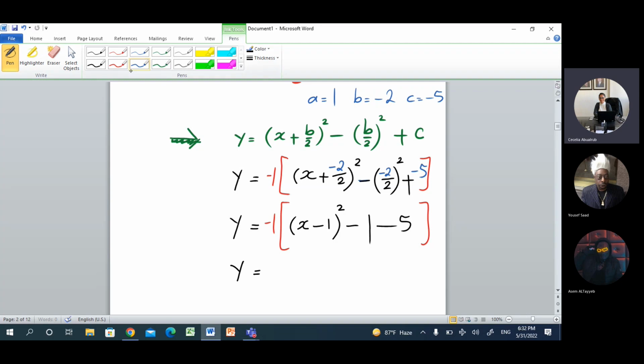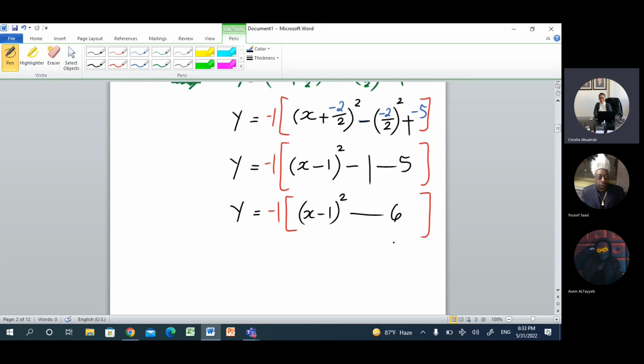y is equal to, don't forget the -1 out there. Open the squarish bracket. So here it will be x minus 1 squared. And then -1 minus 5, it's -6. We came to the end of the question.